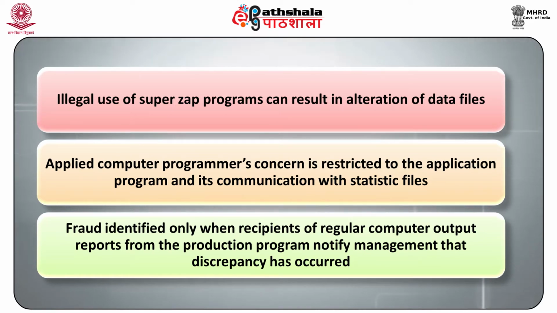The domain of concern is restricted to the application program and its communication with its data files. Therefore, the fraud is identified only when the recipients of regular computer output reports from the production program notify management that a discrepancy has occurred.